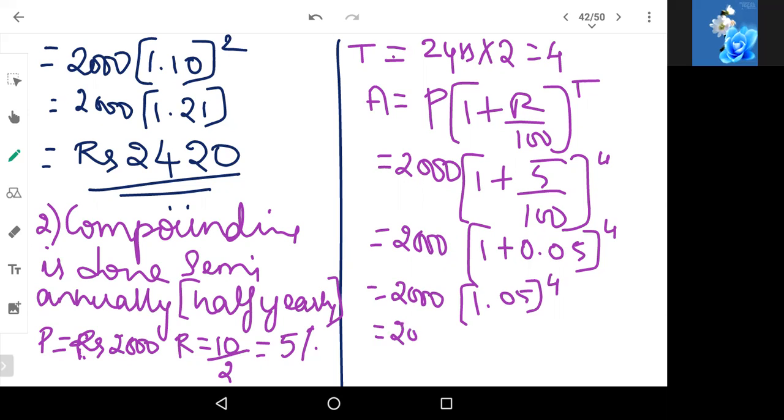So 2000 into 1.05 four times. 1.05 into 1.05, if you do it 4 times, you will get about 1.2155.